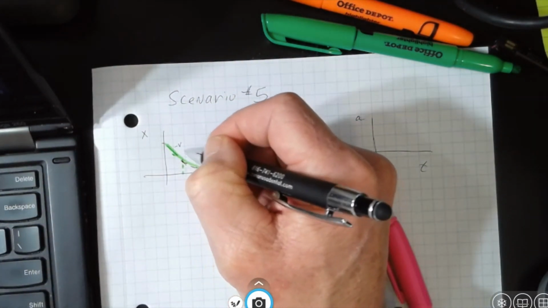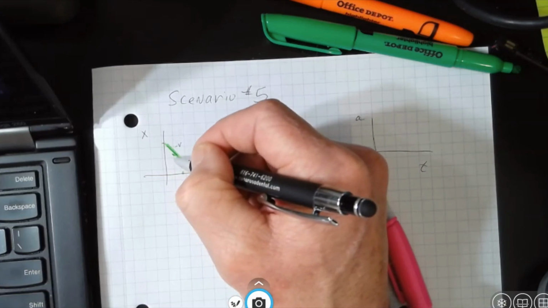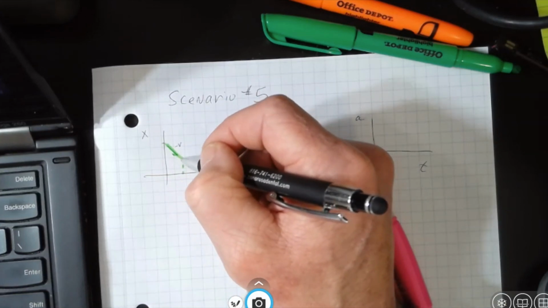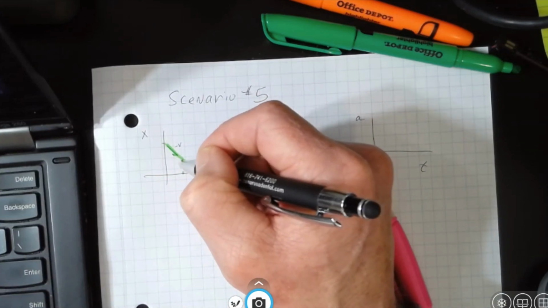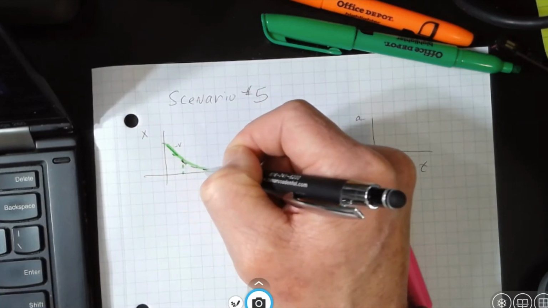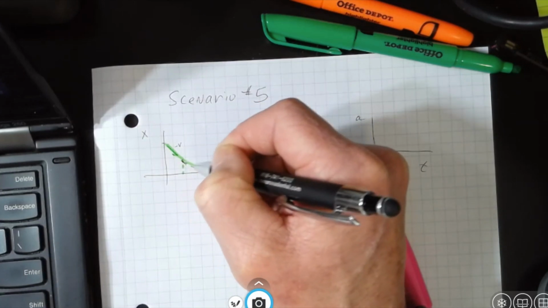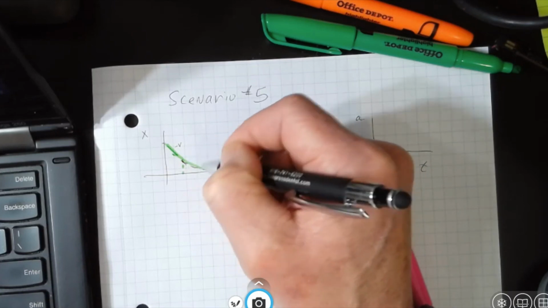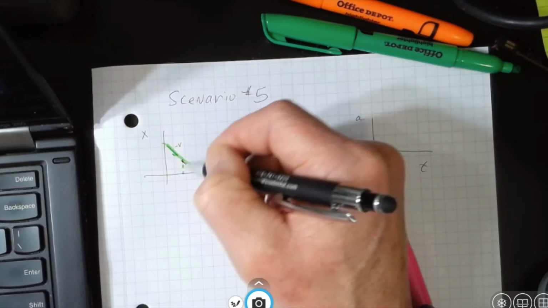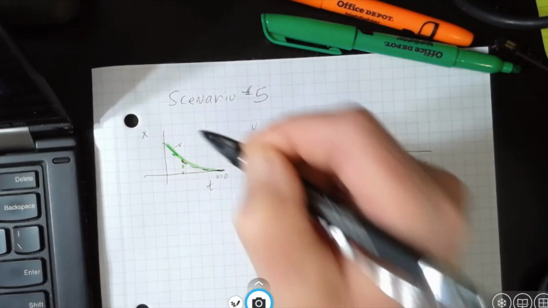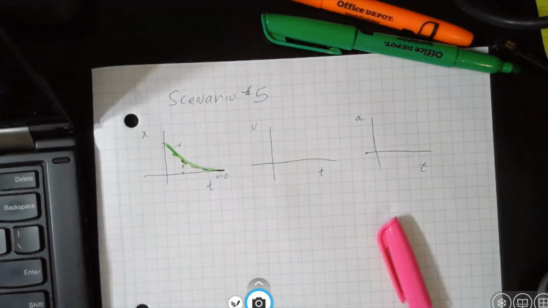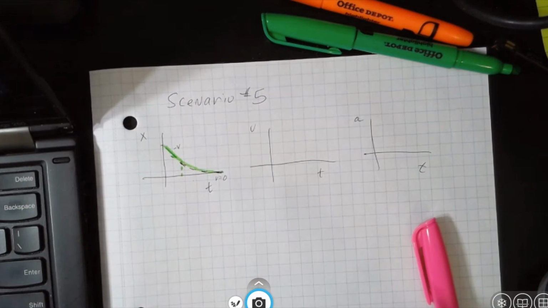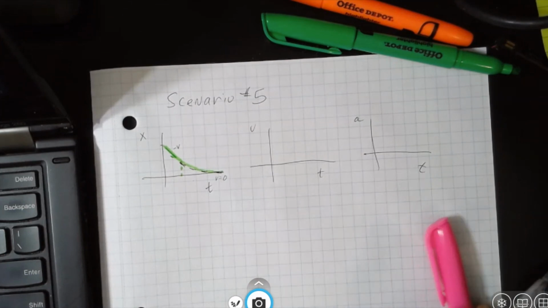So this represents a car, or some object, at some velocity, and maybe that car is coasting. And that car gets back to its reference point and gets slower and slower. So this really does also represent an object getting slower, but it's an object getting slower going back towards a reference point. So how would we convert that into a VT and an AT?